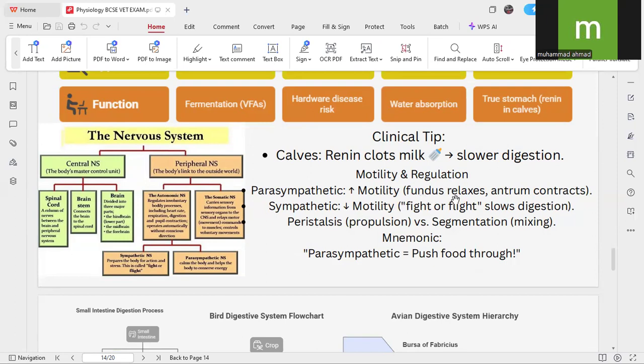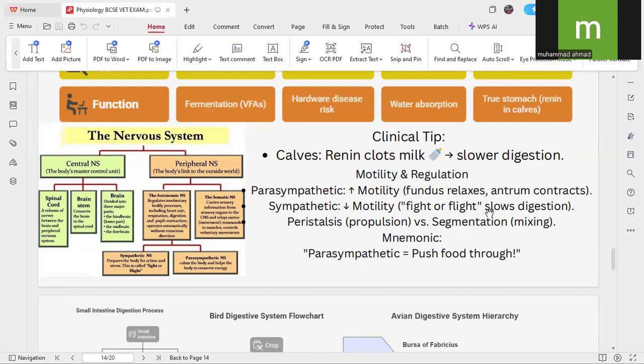Parasympathetic increases the motility of the fundus and antrum contraction. Sorry, it decreases the fundus contraction. Sympathetic, fight or flight, slows digestion. Peristalsis and segmentation, this is important.